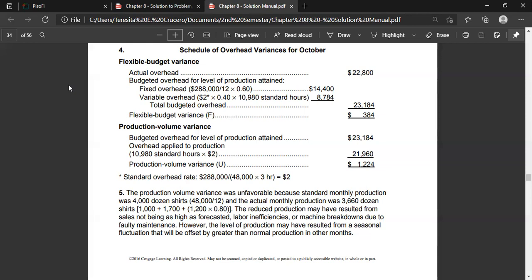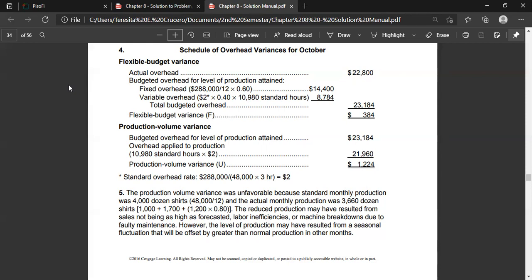Next, we have the production volume variance, budgeted overhead for level of production attained, 23,184. Then the overhead applied to production is equal to the production volume variance. We have above.